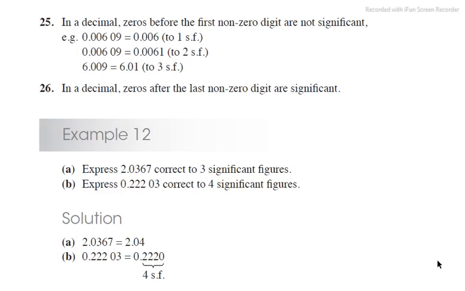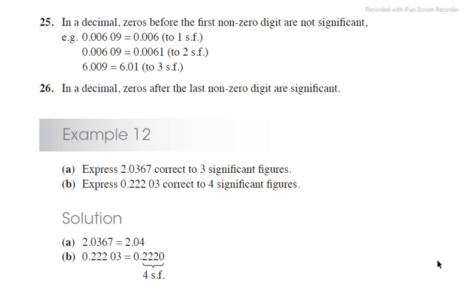Still to continue, we are told that in a decimal, zeros before the first non-zero digit are not significant. For instance, when we have 0.00609, the first 2 zeros after the decimal are not considered to be significant.